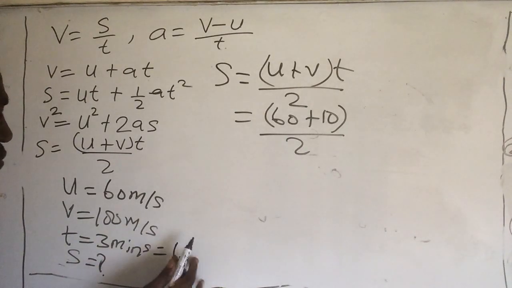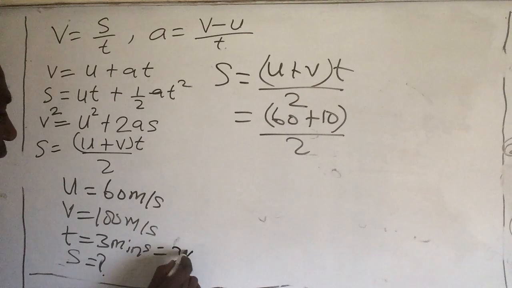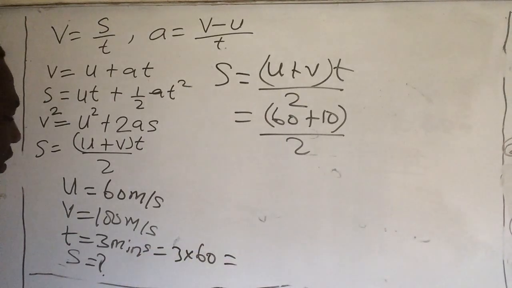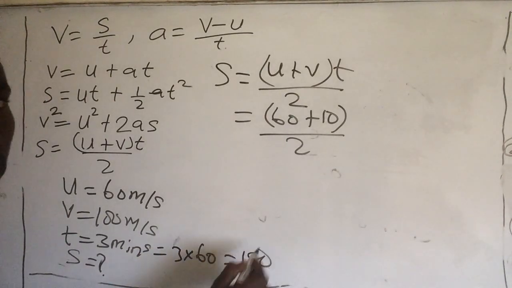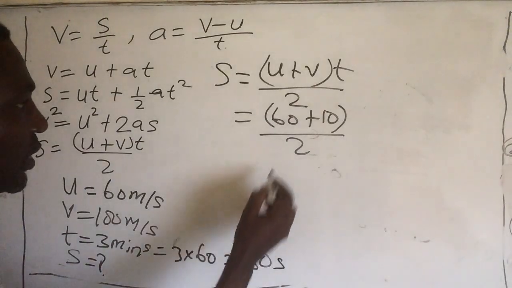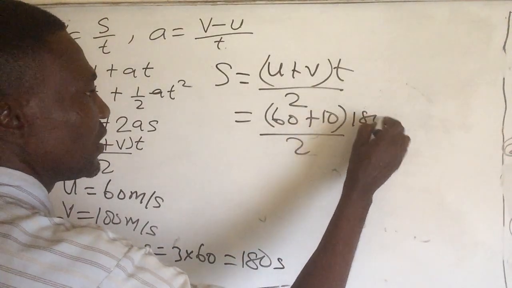Now this 3, you will just multiply 3 times 60. You have converted it to seconds, which will give us 180 seconds. Now you take 180 seconds.